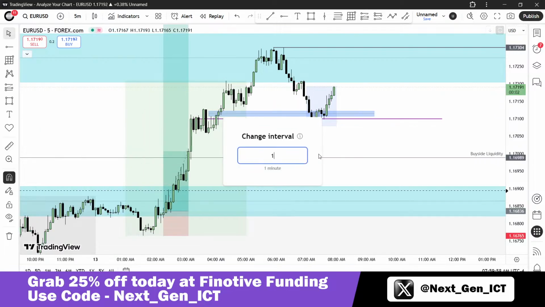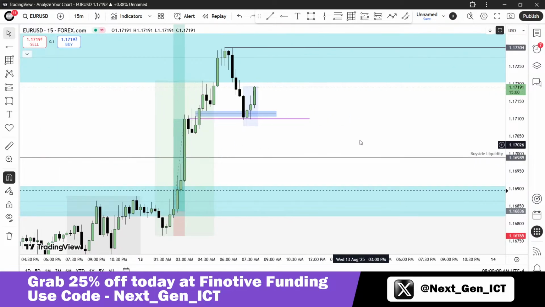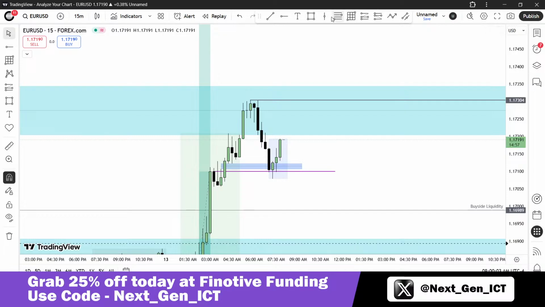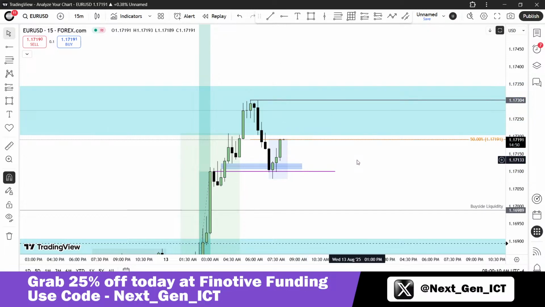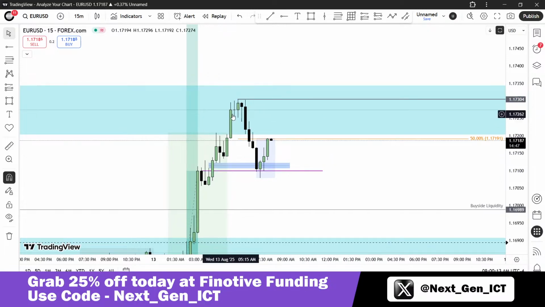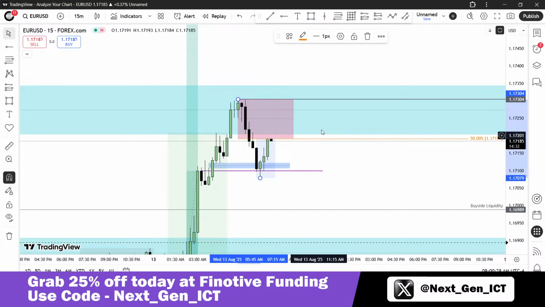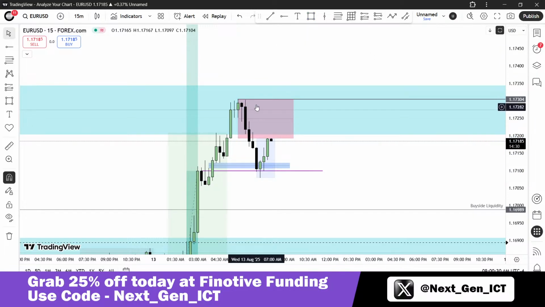Okay, EU is also showing some strength right now. For EU, I do not want to see any PDRs being respected towards the bearish side above this 50%. Within this range, price should not respect any PDRs if it's meant to go higher.